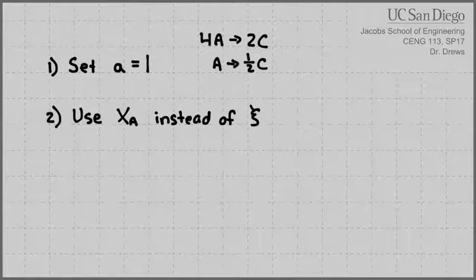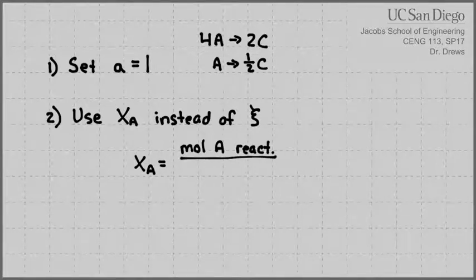That definition for conversion of A is still the same one we used in 100, but we tended to use it more as a process specification than something we would use to solve the problem. The definition of X sub A hasn't changed. The conversion of A is the moles of A reacted divided by the moles of A fed.